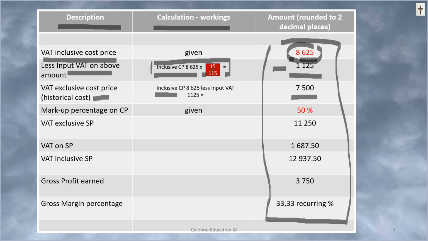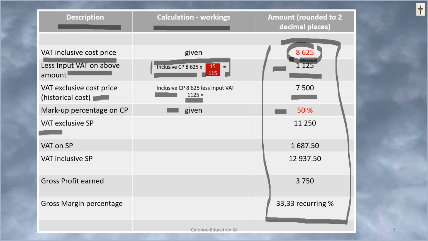The inclusive cost price in line 1 less the VAT just calculated in line 2 is going to give me the cost price excluding VAT. We are given in this example the markup percentage on cost price is 50%. So the markup on cost price is 50%.